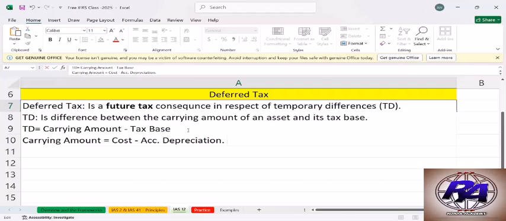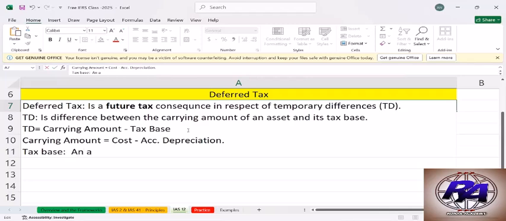That's the carried amount. What is a tax base? Because we say that temporary difference is the difference between what? Between the carried amount of an asset or a liability and its tax base. So what is a tax base? A tax base is an amount attributed to an asset or a liability for tax purposes.